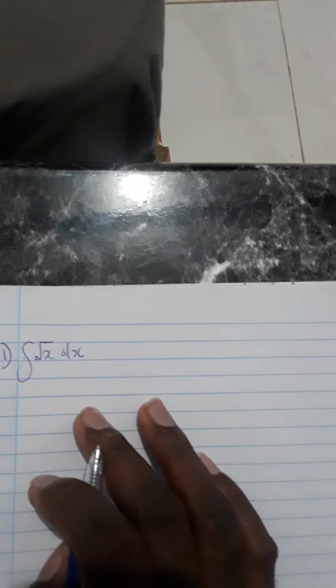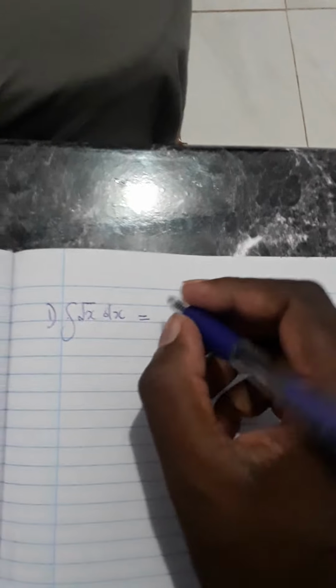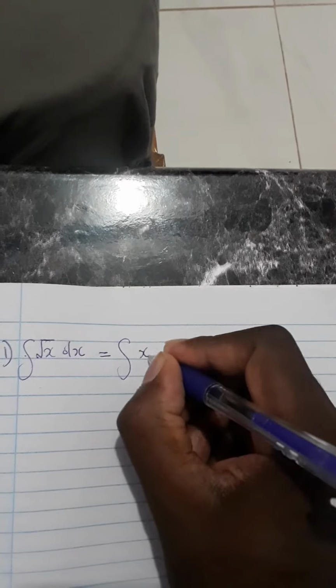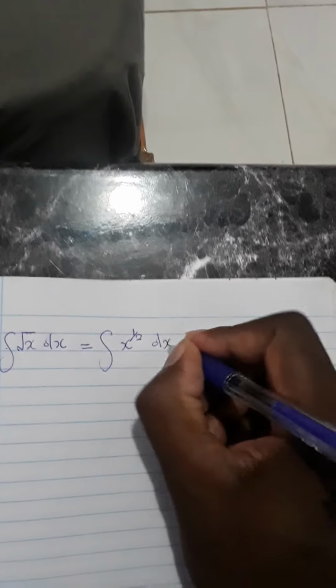The first thing you look forward to do is see if you can simplify the equation which is given before you integrate. So the integral of root x can be simplified to give integral of x to the half power dx.